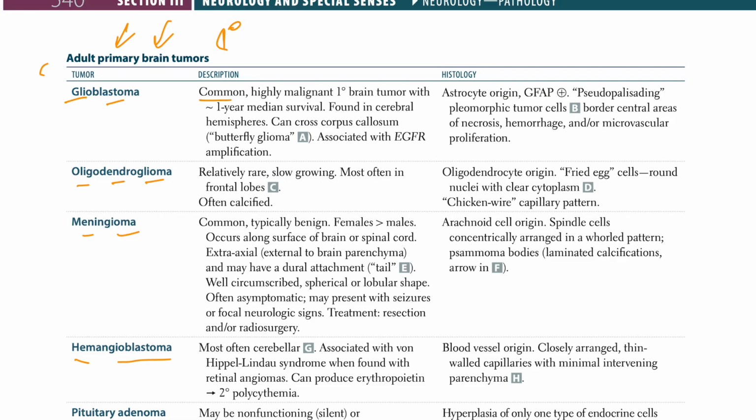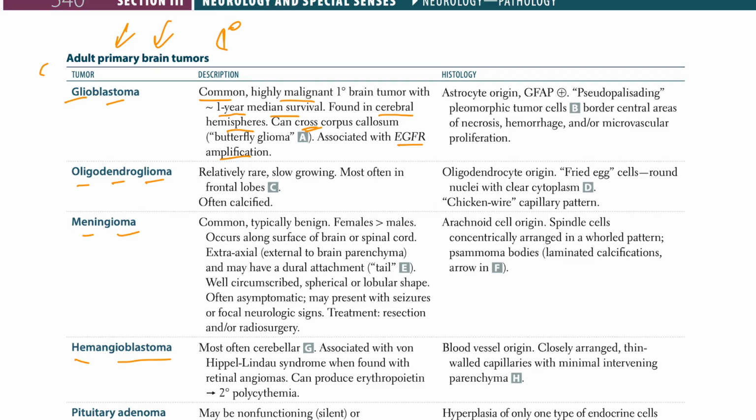Glioblastoma is a highly malignant primary brain tumor with a 1 year median survival, found in the cerebral hemispheres, can cross the corpus callosum, butterfly glioma, associated with EGFR amplification.